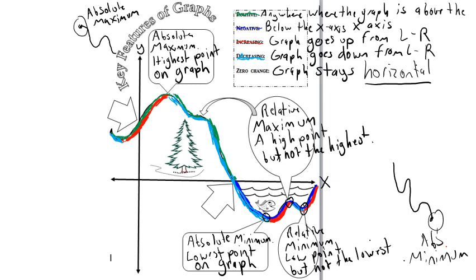The last two things we're going to talk about is right here, this point right here. Okay, see how it's crossing the y-axis, right? It's crossing it. That is what we would call a y-intercept. Okay, the y-intercept is where it crosses the y-axis.